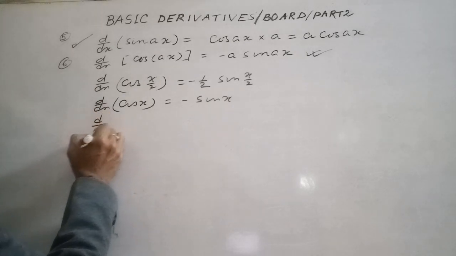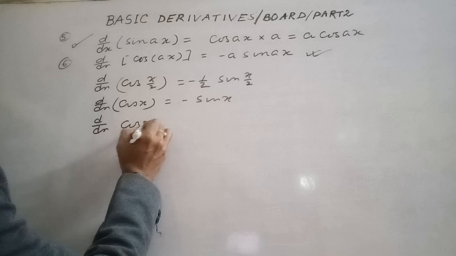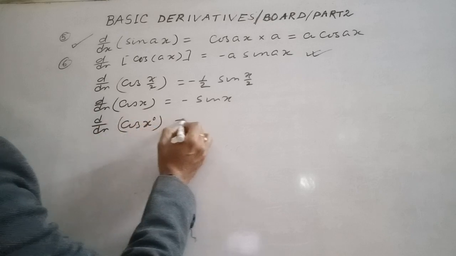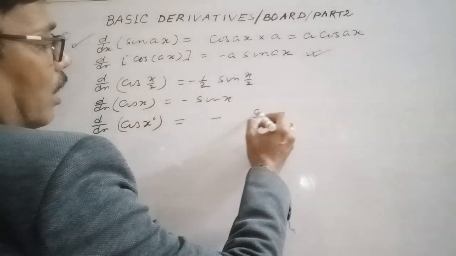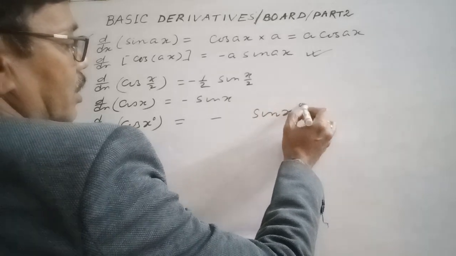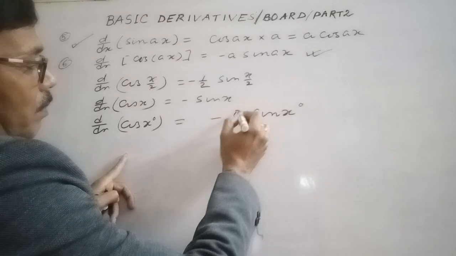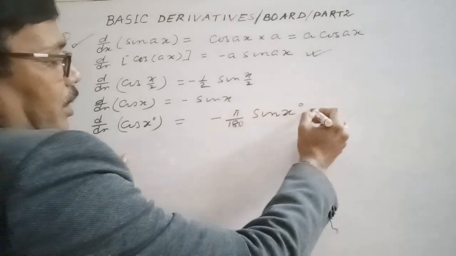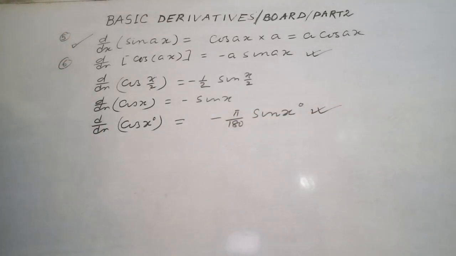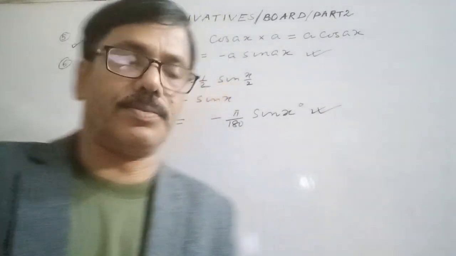So d dx of, if it is cos x degree, then I have already discussed, write the formula. Sin x degree minus. If it is degree, it is multiplied by pi by 180. This should be noted.